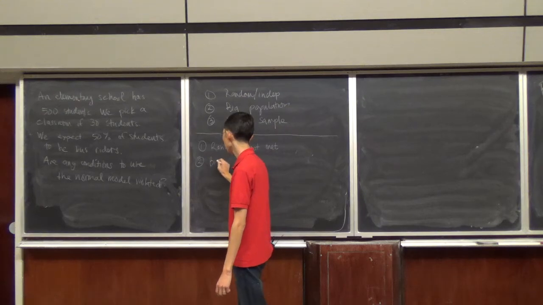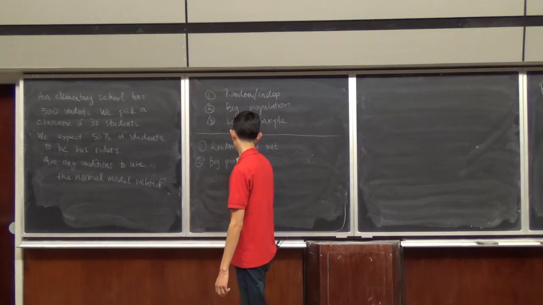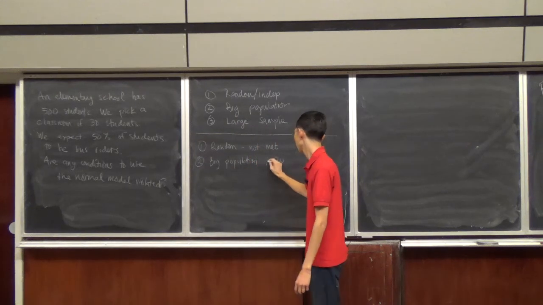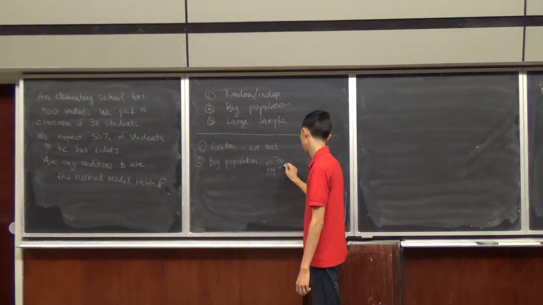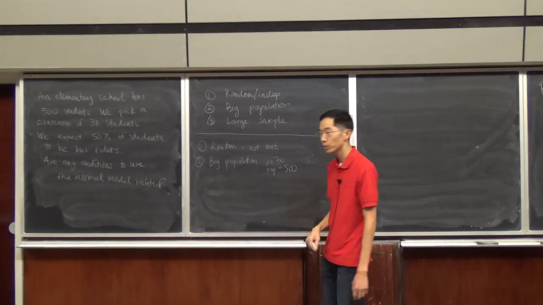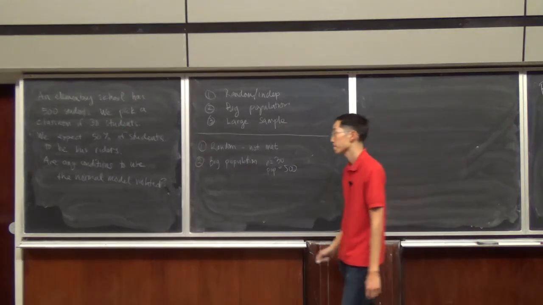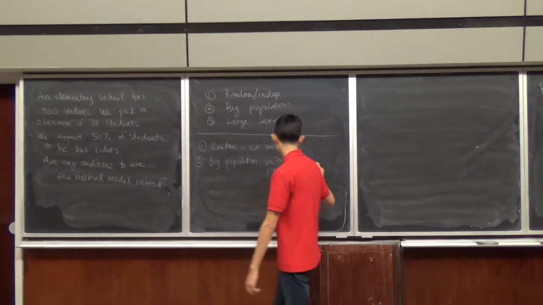Big population, is that met? Yes. Our sample is 30, and our population is 500. So our population is over 10 times our sample. So this is met.